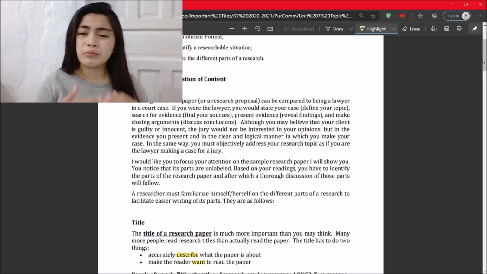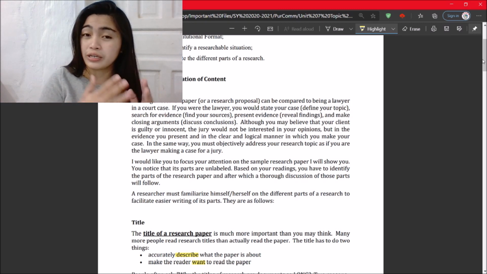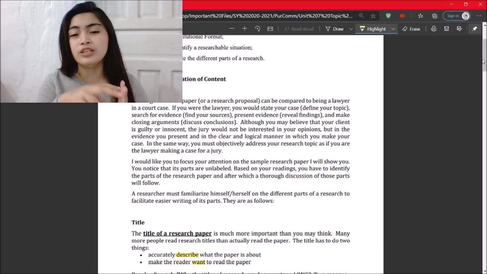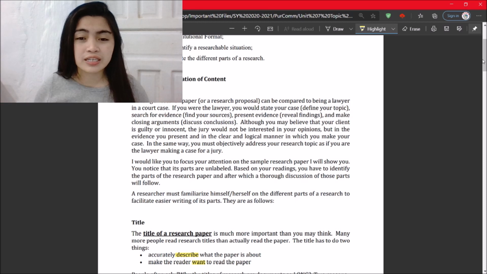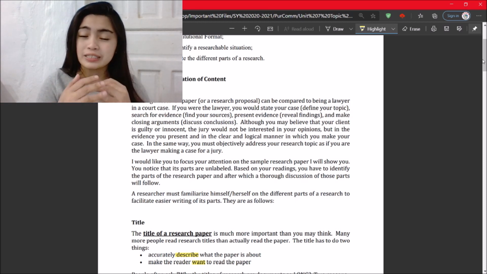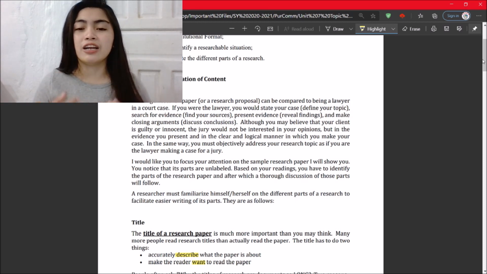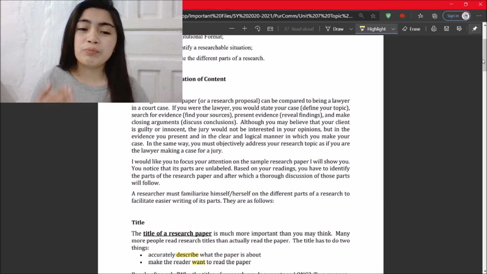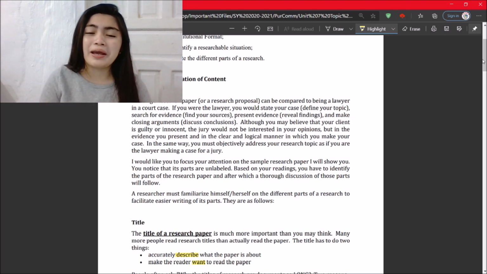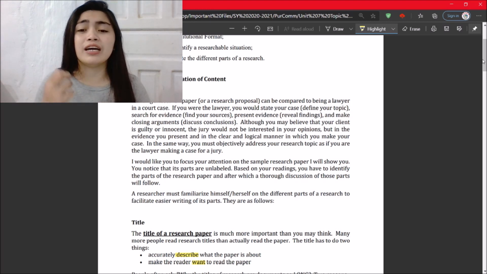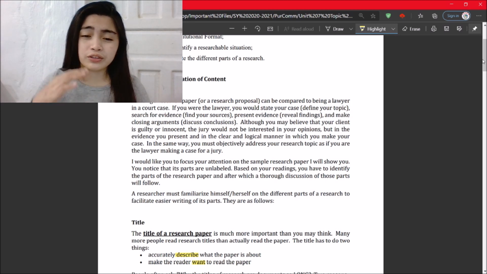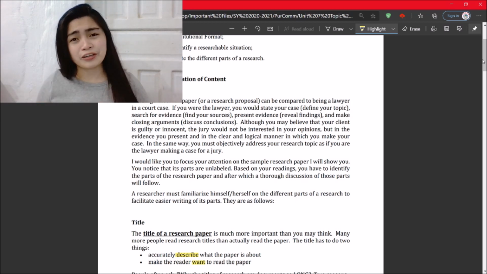Although you may believe that your client is guilty or innocent, the jury would not be interested in your opinions, but in the evidence you present and in the clear and logical manner in which you make your case. So, in the same way, you must objectively address your research topic as if you are the lawyer making a case for a jury.